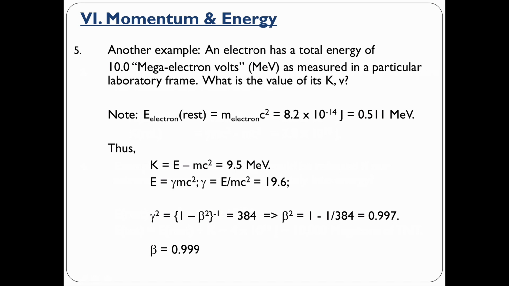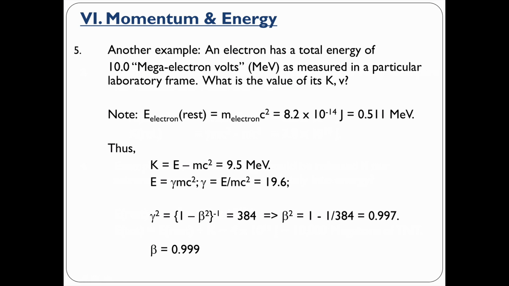So gamma squared is equal to 1 over 1 minus beta squared, and that's 384 if you do the math. So beta squared is 1 minus 1 over 384, or 0.997. If you solve for beta, that's equal to 0.999.